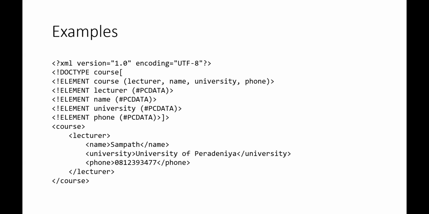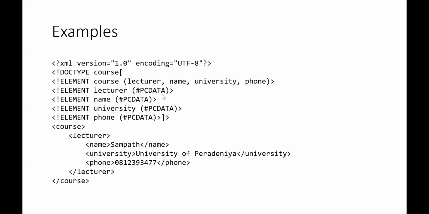From my previous example, you can notice here we have course, we have lecturer, and within that we have name, university, and phone. This defines the rule set using the DTD for the course, and what is inside defines what elements are possible. You can notice that under the course we can have lecturer, name, university, and phone.